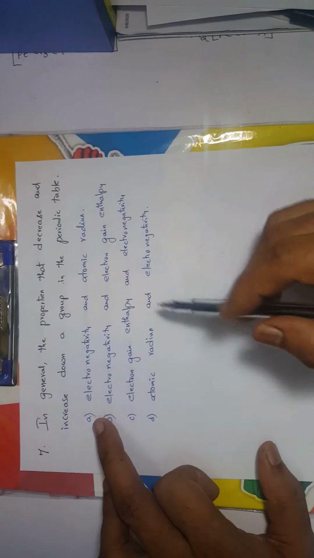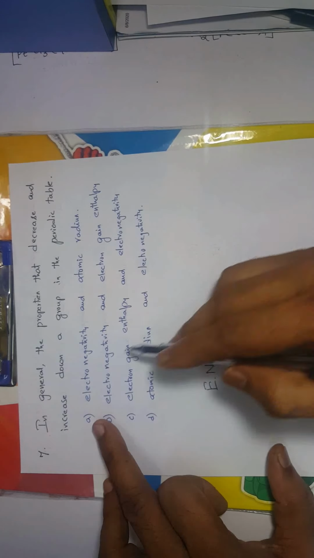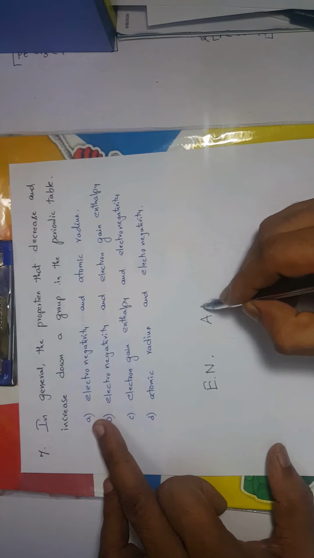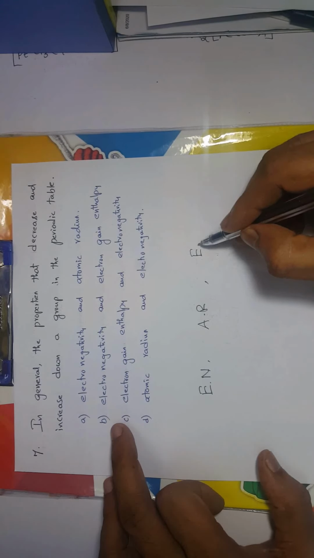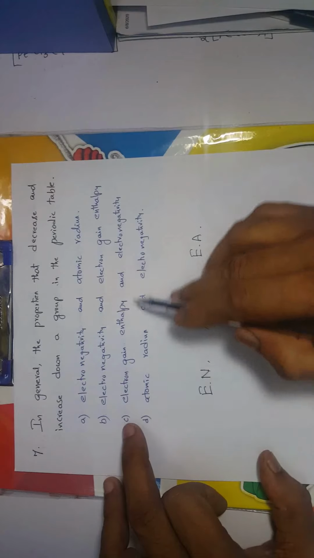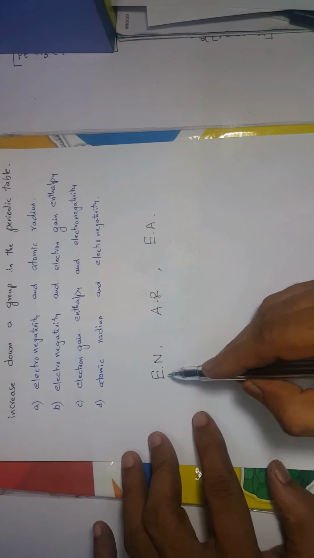The properties they have mentioned here: first one is electronegativity, second one is atomic radius, third one is electron gain enthalpy or electron affinity. These 3 properties they have mentioned.